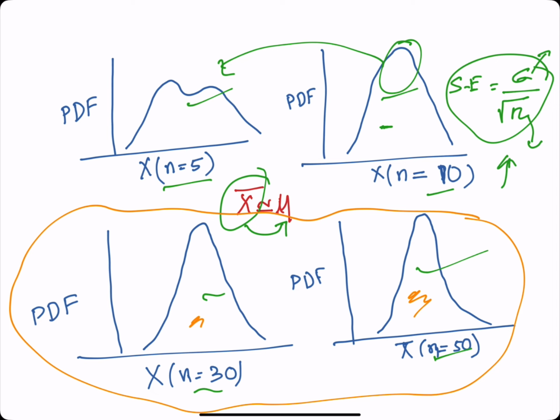In a sense, this is called the central limit theorem. It states that the sampling distribution becomes approximately normal as the sample size increases, even if the population distribution is not normal. This is the fundamental principle in statistics and is used to make inferences about population parameters based on sample data.